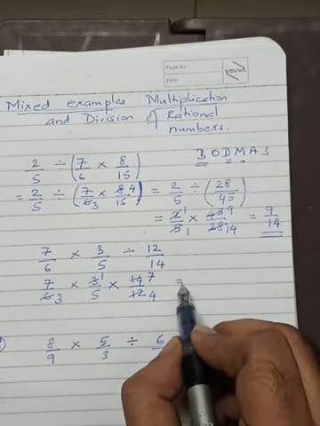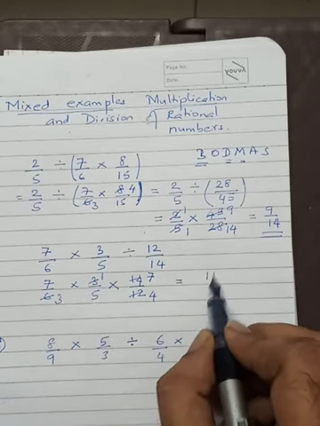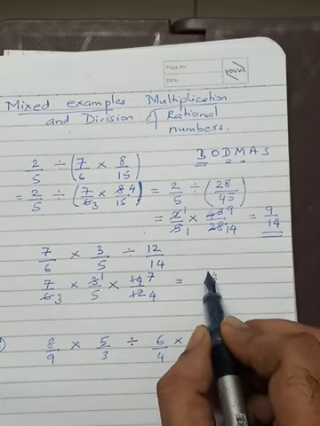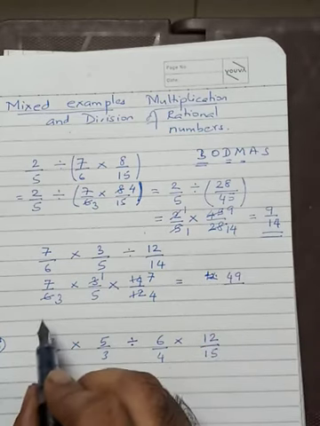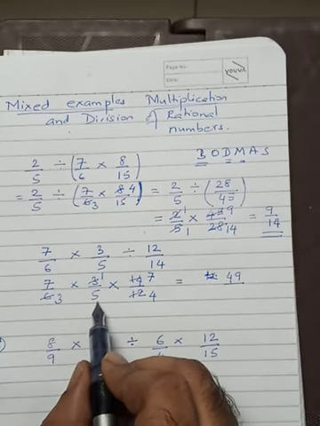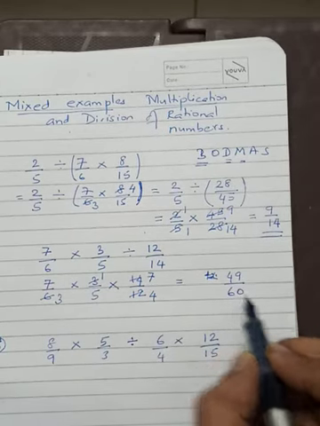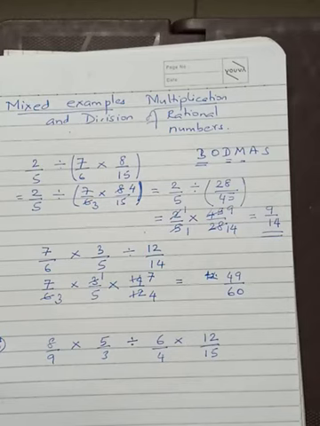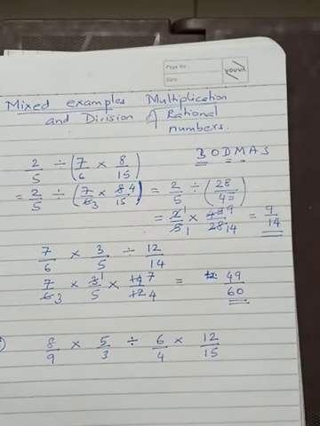I am left with 7 into 7, that is 14. 7 7s are 49, upon 3 5s are 15, 15 4s are 60. So it is 49 upon 60. That is my final answer.